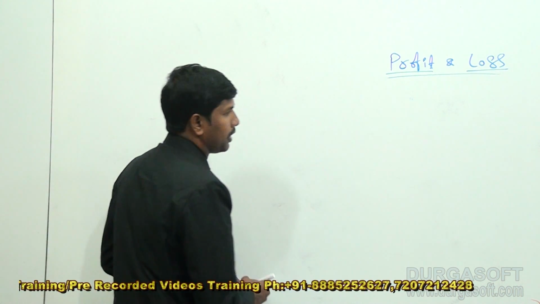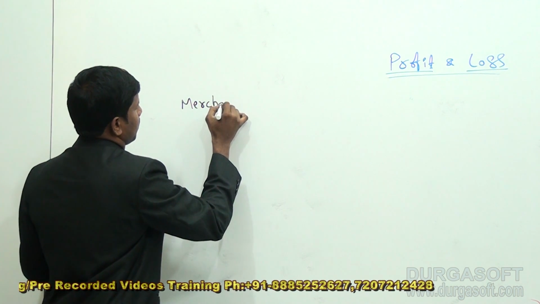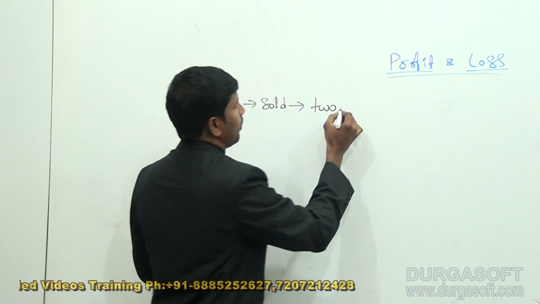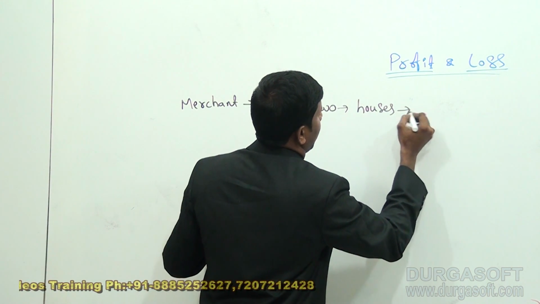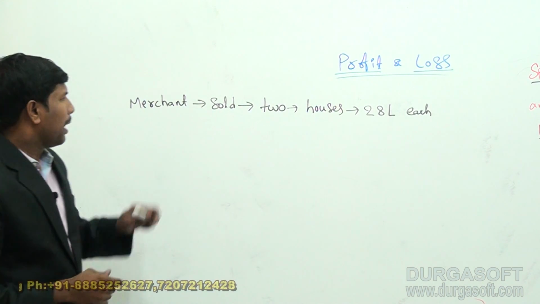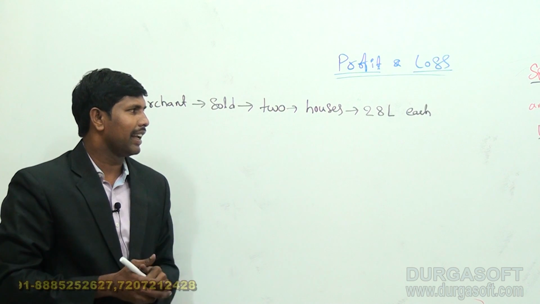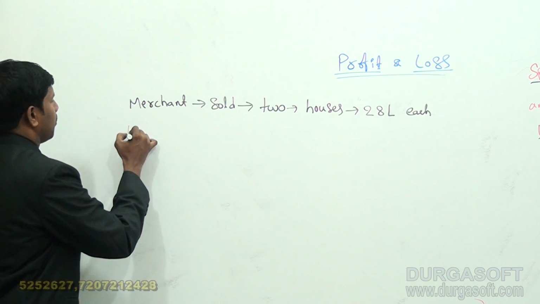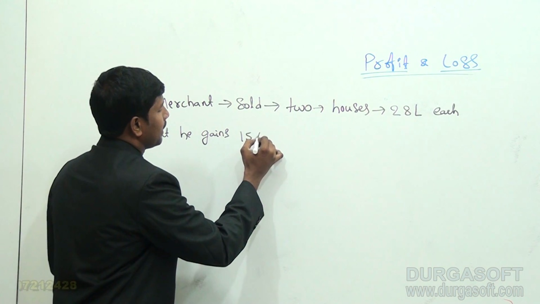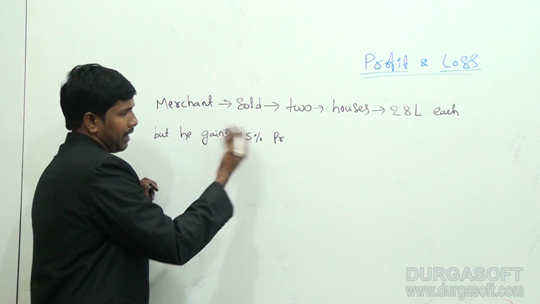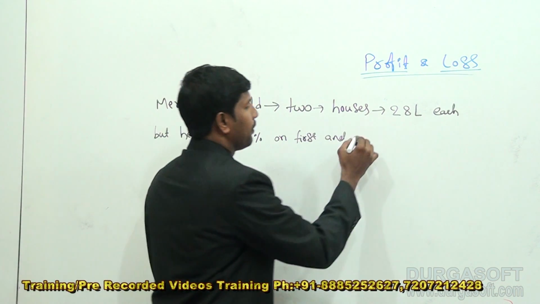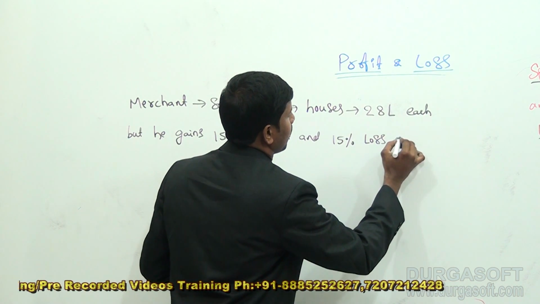Now the question is, a merchant sold two houses at 28 lakhs each, but he gains 15% profit on the first and the same 15% loss on the other.